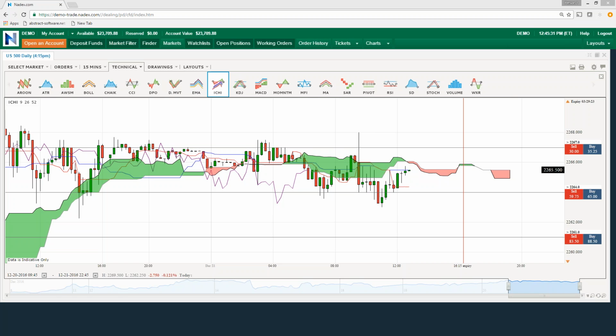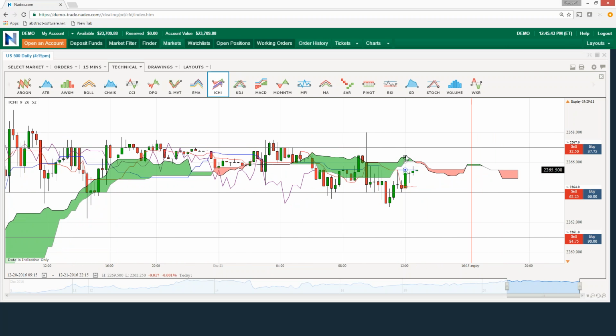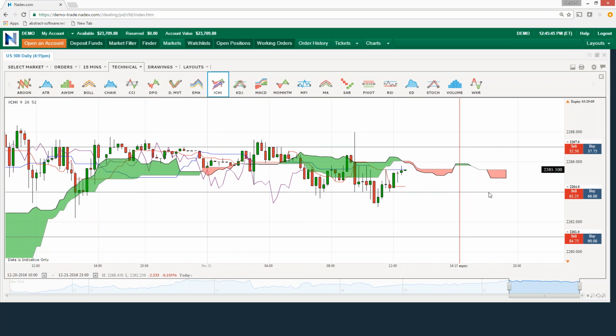But let's say that I wanted to put on some trade setups here. 2167 is about 1.5 higher than where we're trading right now. And if I take a look here, I can use the levels the cloud gives me to trade a possible setup, right? We're breaking or heading back to the Ichimoku cloud.